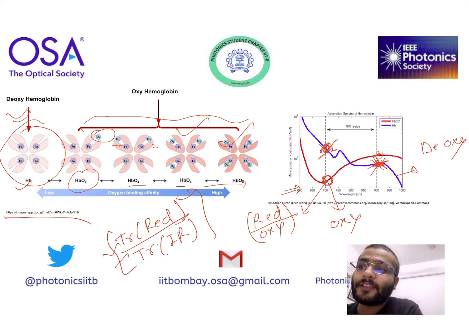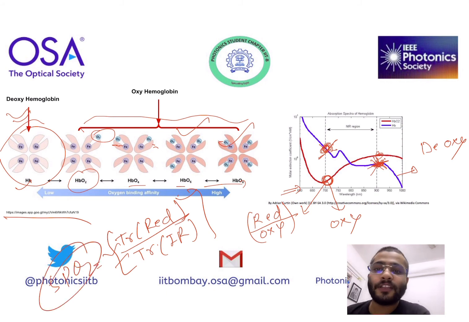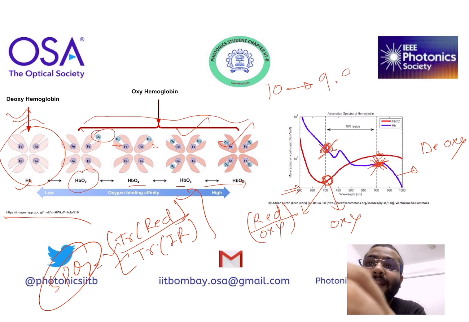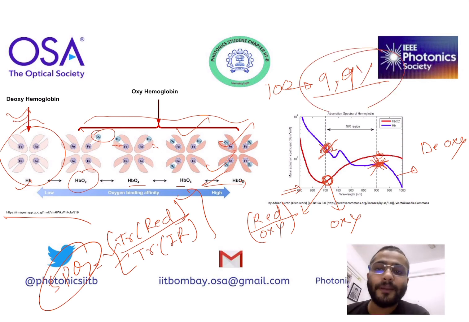This transmittance ratio will give us SpO2, which is the oxygen percentage in our blood. Suppose out of 100 hemoglobins, 99 are bonded with oxygen, then this ratio will come to 99%. Okay, so this is how our oximeter works.